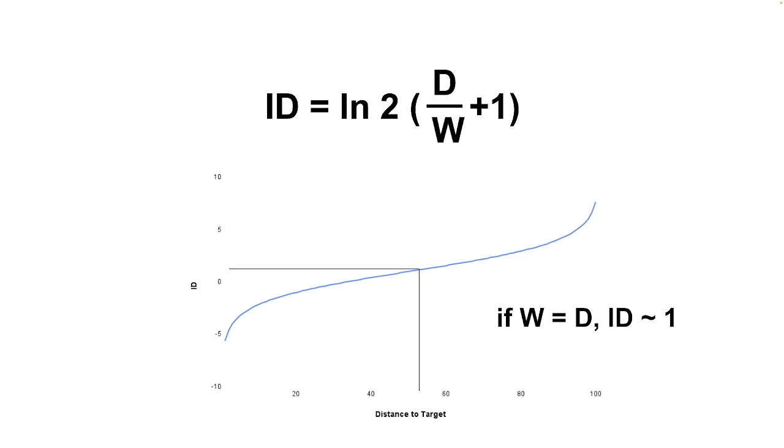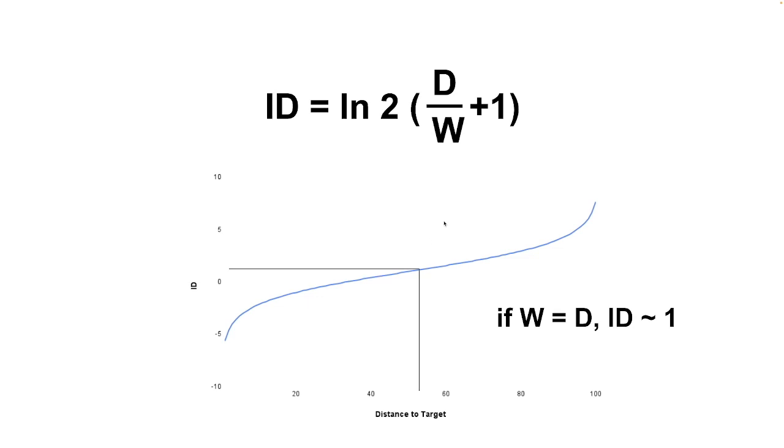And so then we can look at W and D and their relationship. So if W equals D, so we're looking at W here, and then we're also looking at D. We're looking at D as distance to target, but we're asking the question, if noise is equal to the distance, then your index of difficulty is around 1.